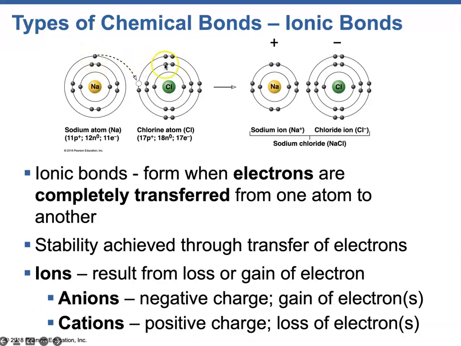And then you have chlorine, which will become a chloride ion when sodium gives up its electron. Sodium gives it up, chlorine accepts it, and because chlorine accepted this negativity, it becomes what we call the chloride ion. And you'll notice we have this little symbol right here, sodium now has a positive, that tells you that it gave up one electron.